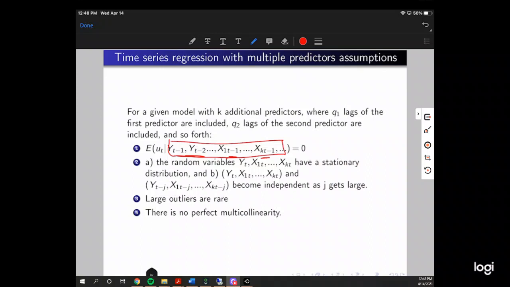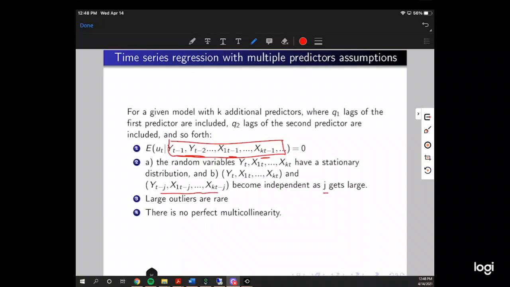Assumption number 2: the random variables yt and all the included regressors have a stationary distribution. In other words, the distribution of the random variables in the model cannot change over time. And b, yt, all the included regressors, and all of the previous values of the dependent variable and their predictors become independent as j gets large.